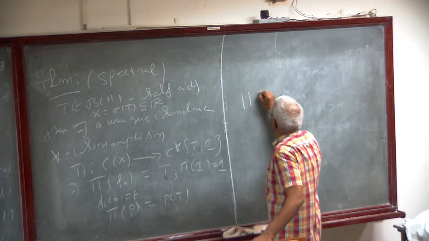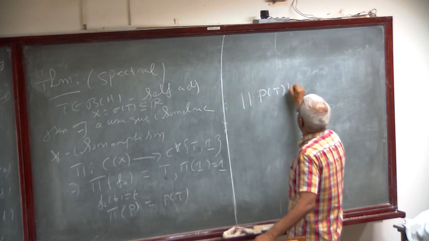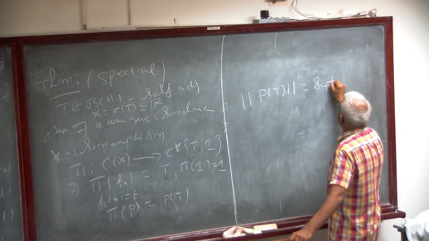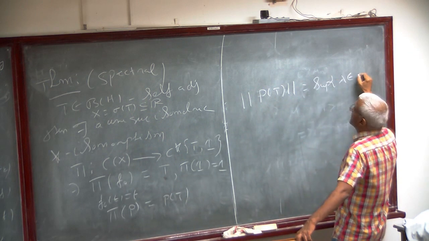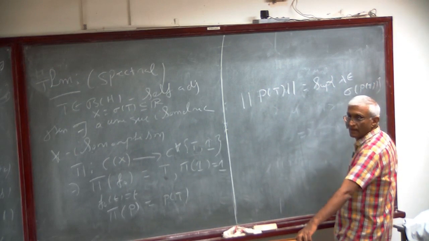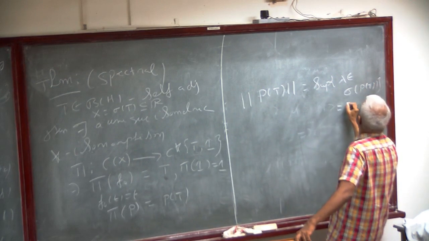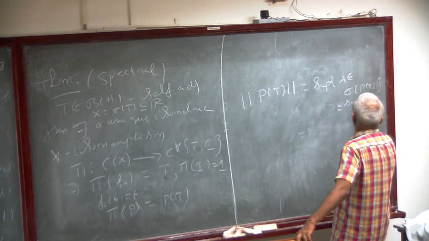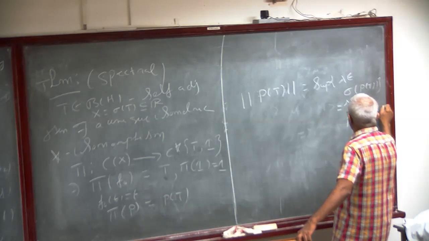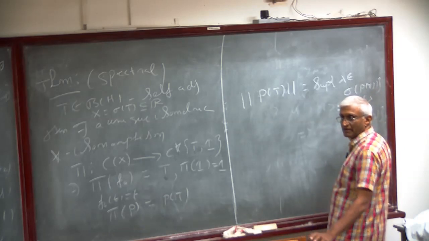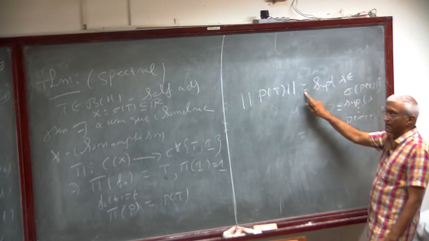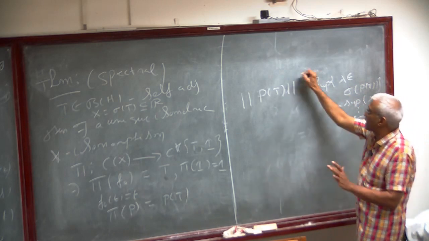We use this: the norm of p of T. By definition, this is equal to the spectral radius, the supremum of lambda in the spectrum of p of T. And this is equal to the supremum of lambda in p of sigma of T, by the spectral mapping theorem. We proved this. This is by the spectral radius formula for a normal operator. The general spectral radius formula is the limit of norm of p of T to the power n, to the 1 by n.